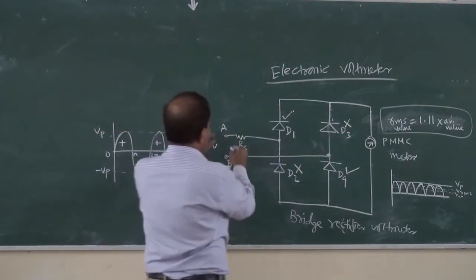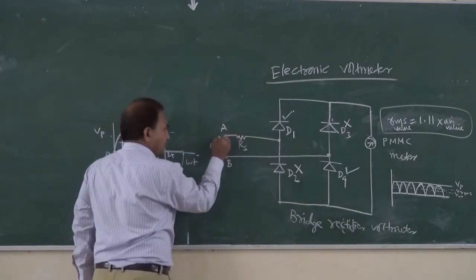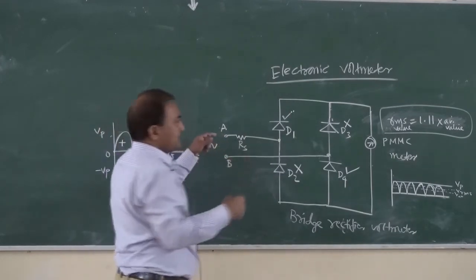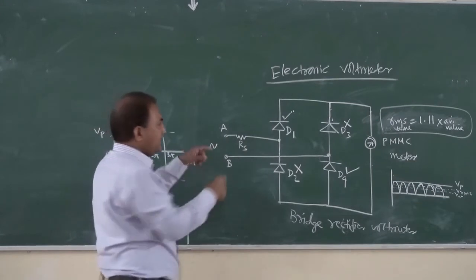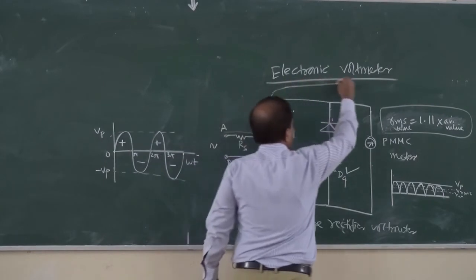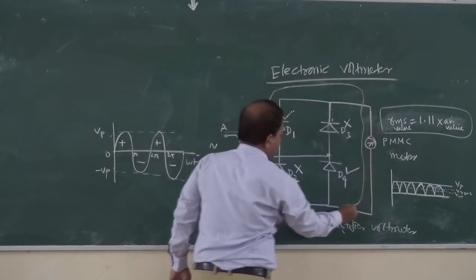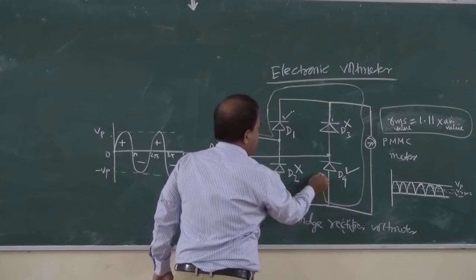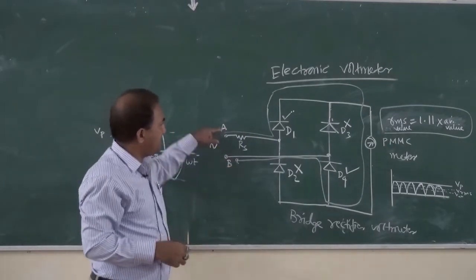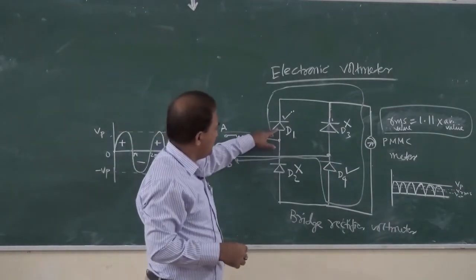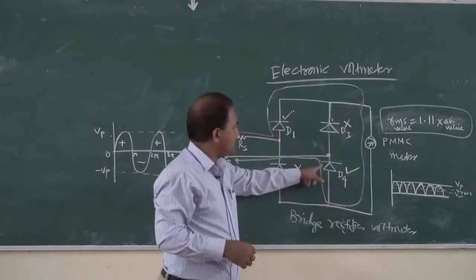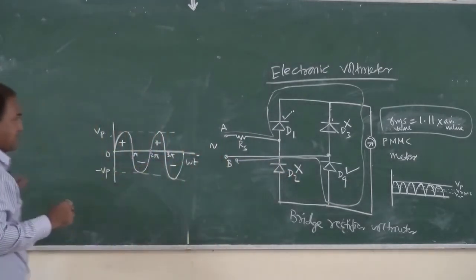During the positive half cycle, point A is more positive as compared to point B, and the direction of the current will be like this, from A. This is forward bias. This is also forward bias, like this, during the positive half cycle.